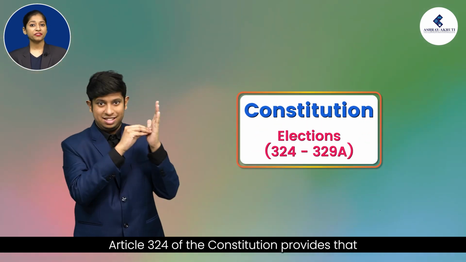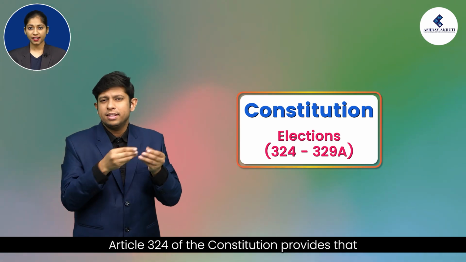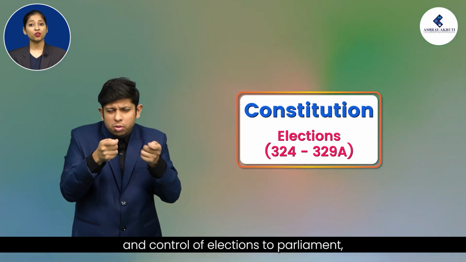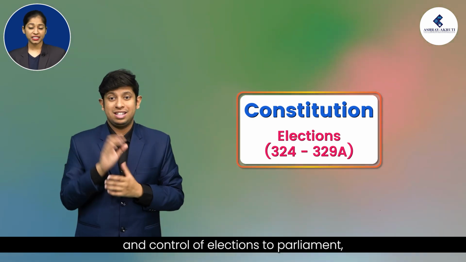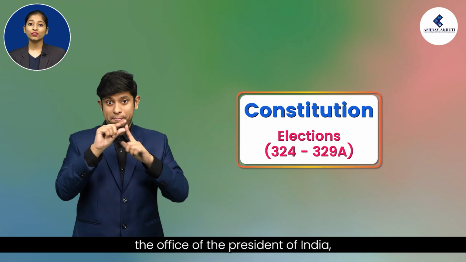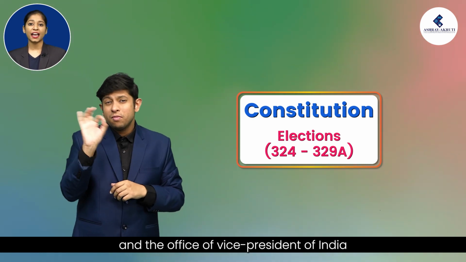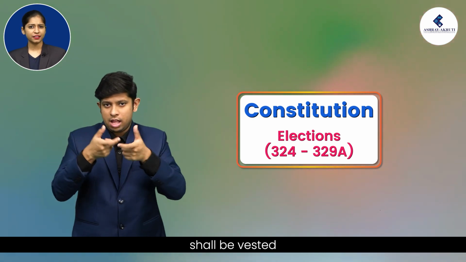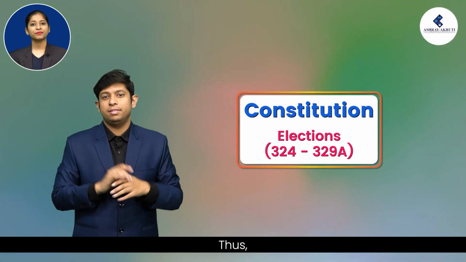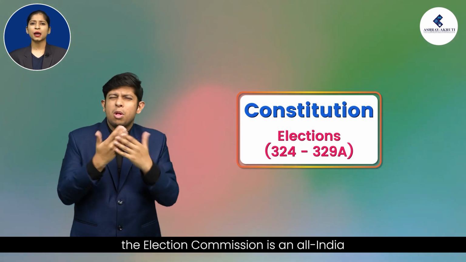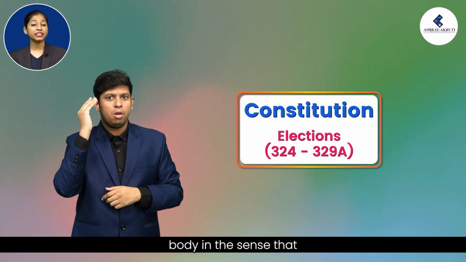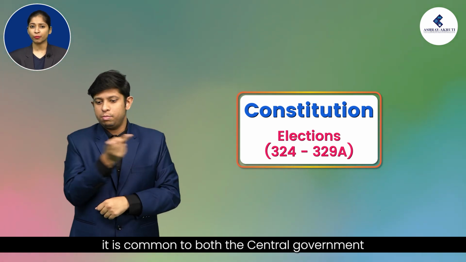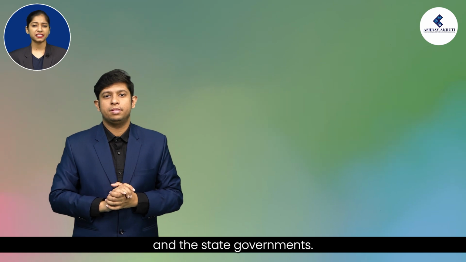Article 324 of the Constitution provides that the power of superintendence, direction and control of elections to Parliament, state legislatures, the office of the President of India and the office of Vice President of India shall be vested in the Election Commission. Thus, the Election Commission is an all India body in the sense that it is common to both the central government and the state governments.